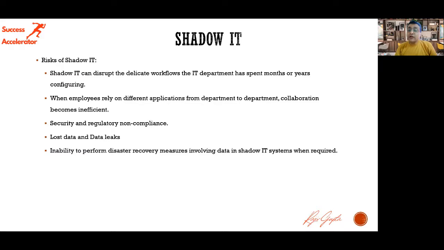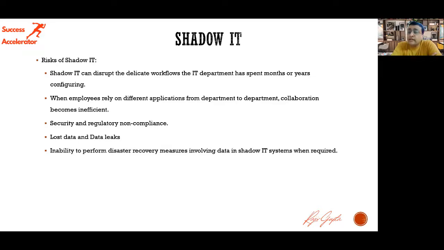When employees rely on different applications from department to department, collaboration becomes inefficient. So for example, since I went for software A to create purchase orders, I am say procurement department, and there's a say finance department, and they said, oh, we also need a software to do purchase orders.